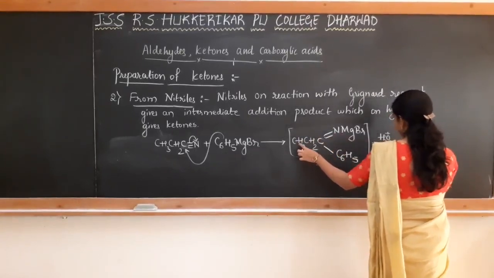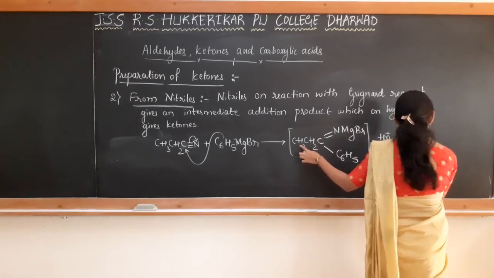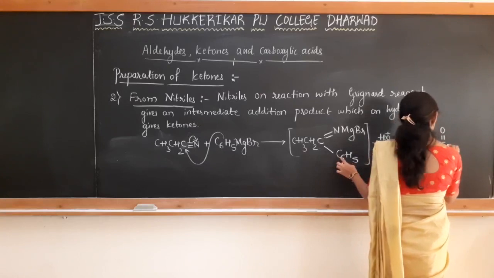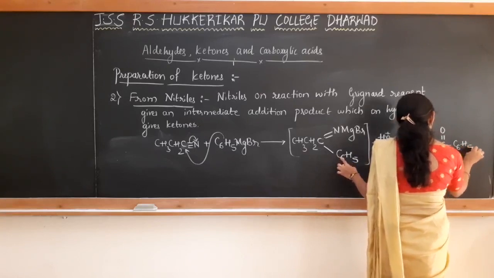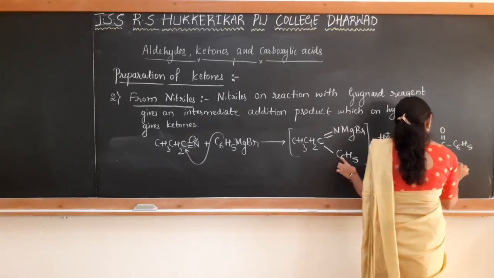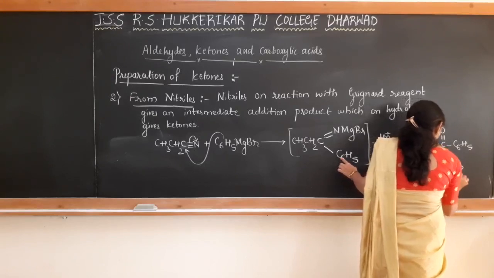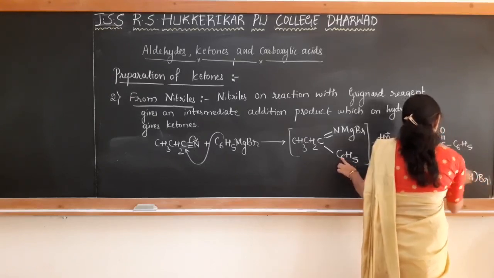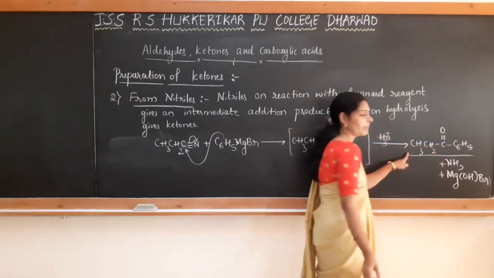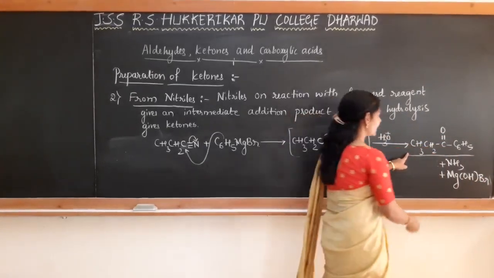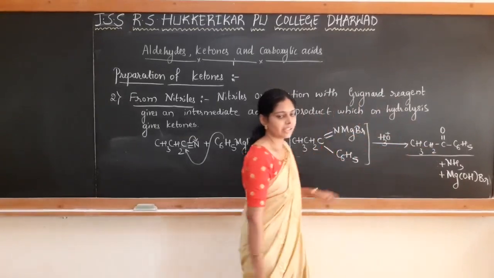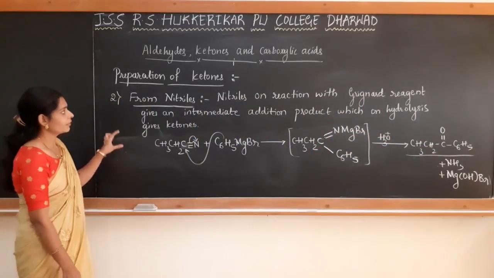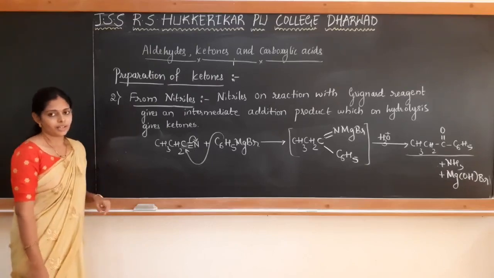See here which ketone we get: CH3CH2C=O C6H5, and the remaining are the byproducts. So this is how the reaction takes place. We are getting an aromatic ketone, propiophenone, as a product. So this is the method of preparation of ketones from nitriles.